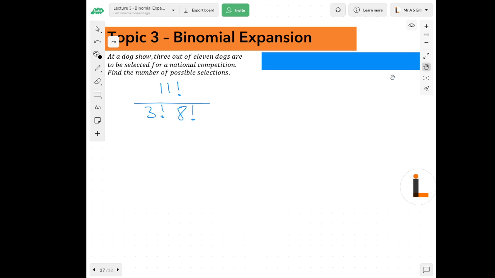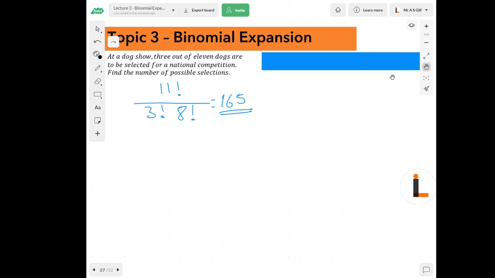So the number of different combinations that will result in 3 successful and 8 unsuccessful dogs will be given by this calculation here, 11 factorial over 3 factorial times 8 factorial. And we see there are 165 different combinations where out of the 11 total competitors, 3 will be successful and 8 will be unsuccessful.